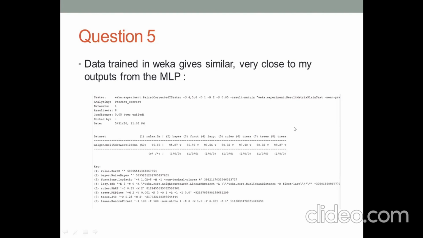All of these are classification methods: 0R, naive Bayes, logistic, IBk, trees J48, random forest, and we can see that indeed it gets very high accuracies. This is using tenfold cross validation, except this rules.2a, which gets 66%. So yeah, and that's it. All right, thank you very much for this nice presentation.